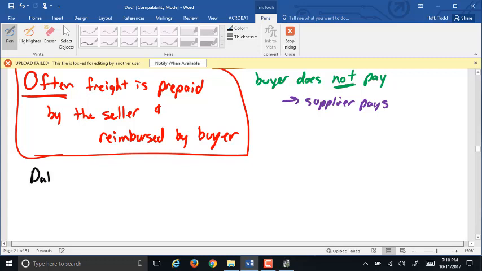So our date is going to be September 28th. The amount is $8,000.